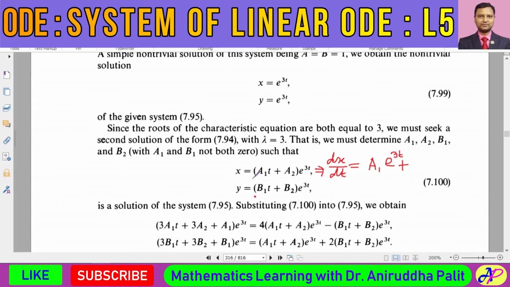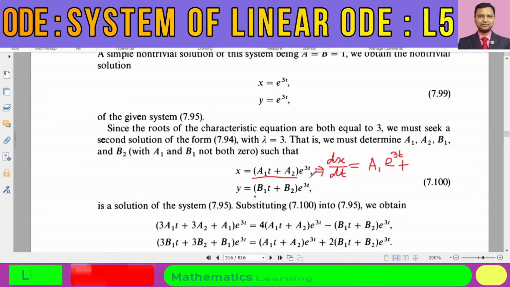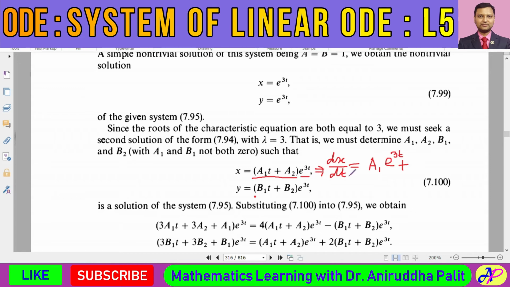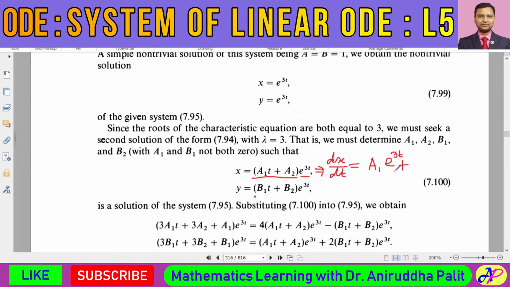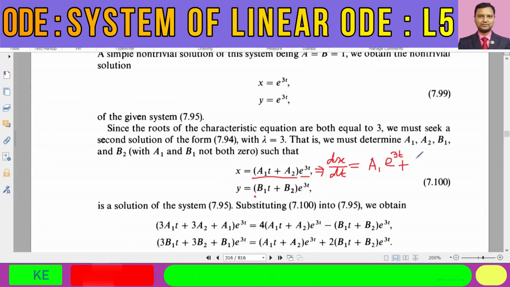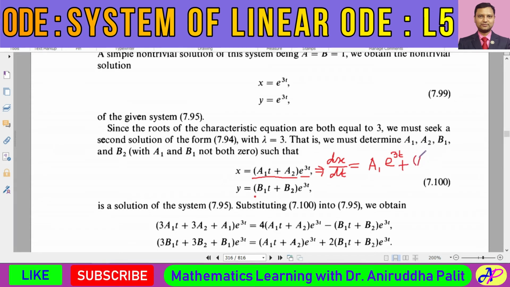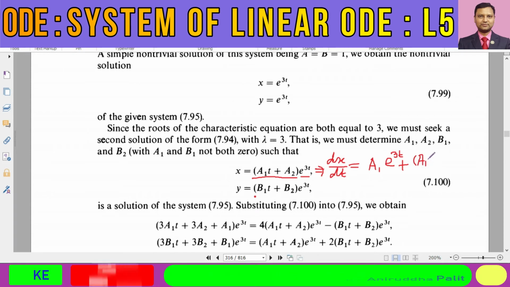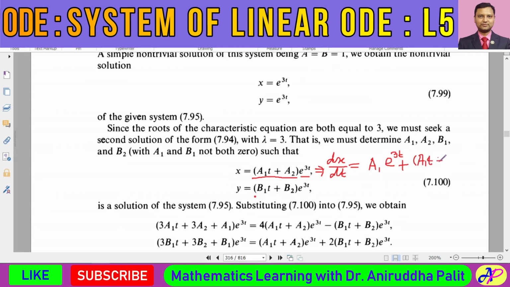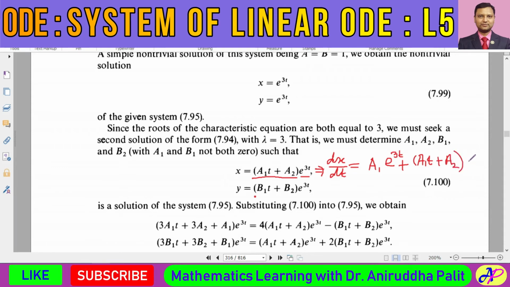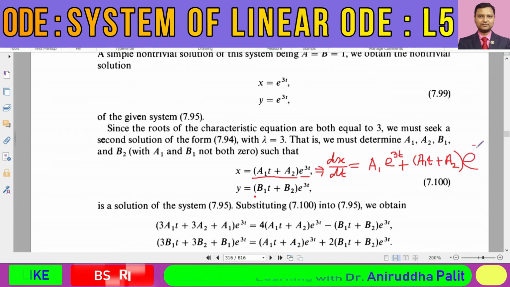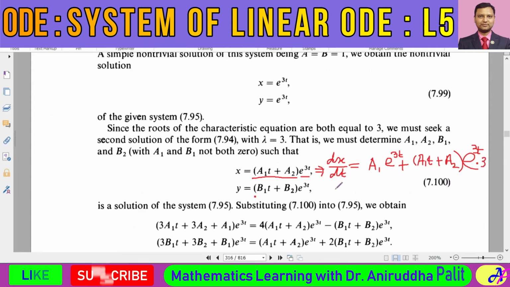You can consider a1 t plus a2 as the first function and e to the power of 3t as the second function. The derivative of the first function is a1, into e to the power of 3t, the second function, plus the first function remains fixed, a1 t plus a2, times the derivative of the second function, e to the power of 3t multiplied by 3. In this way we compute dx/dt.